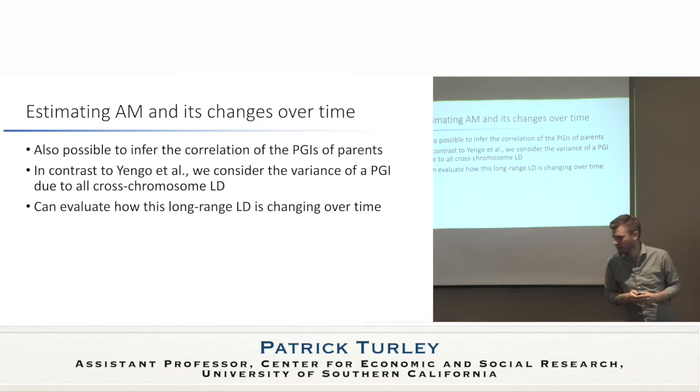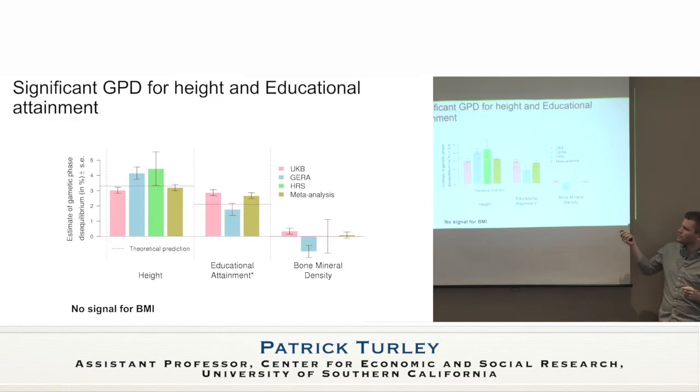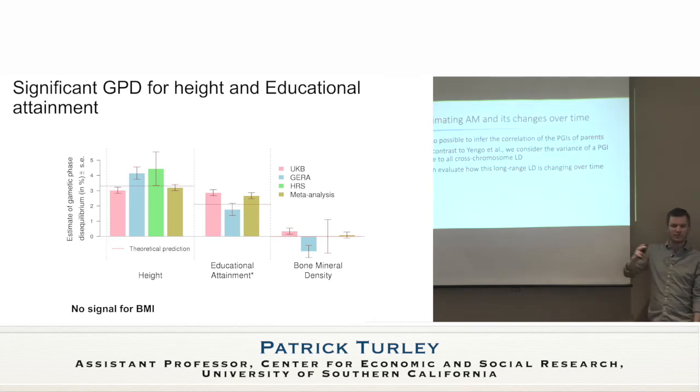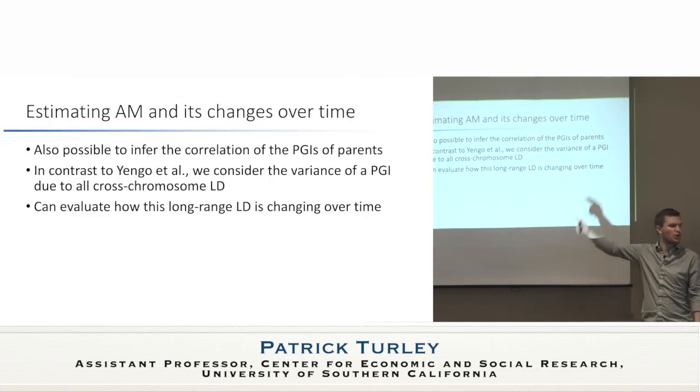Great. Got 20 minutes. Okay, so this is some work that I've worked on, where these are sort of tests of assortative mating. We can look in the genome and see, has there been assortative mating any time in the past? We may be interested in the actual level of assortative mating and how that's been changing over time.